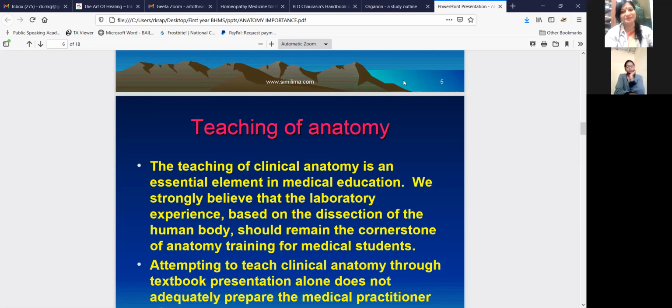We strongly believe that laboratory experience based on the dissection of the human body is the cornerstone of human anatomy training for medical students. Unless you dissect the human body, you will not get an idea of the structures.